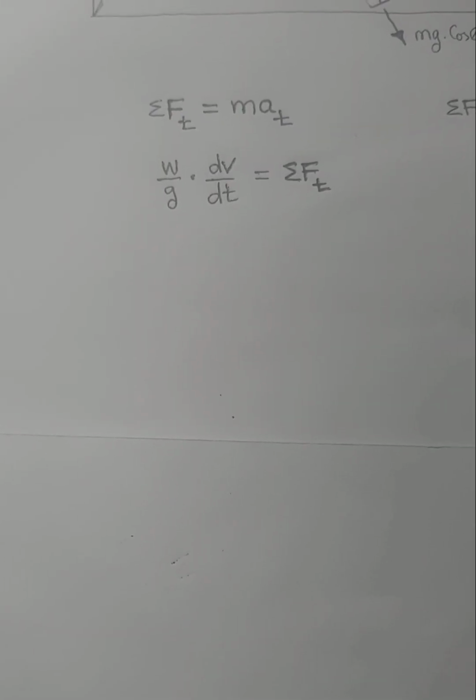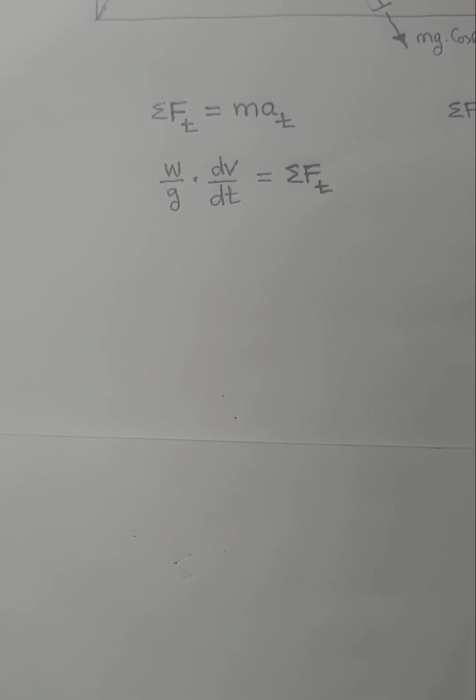We can write the mass of the moving particle in terms of weight as W by g. Write tangential acceleration at as dV by dt. Using the chain rule of differentiation, we can write dV by dt as dV by ds into ds by dt.